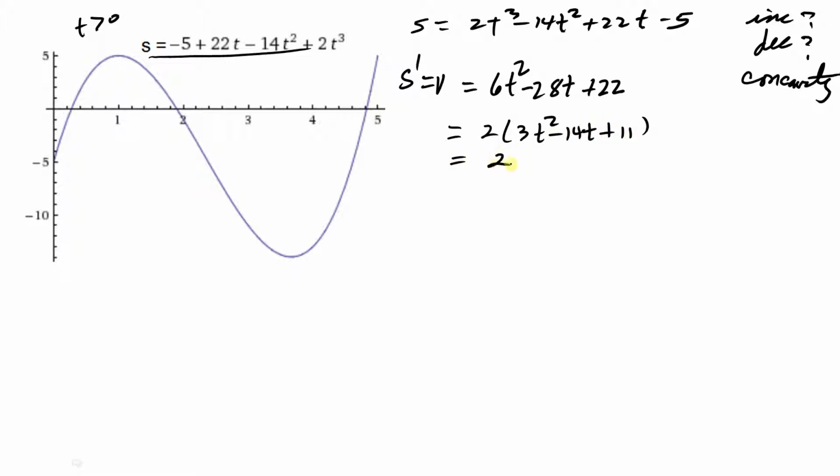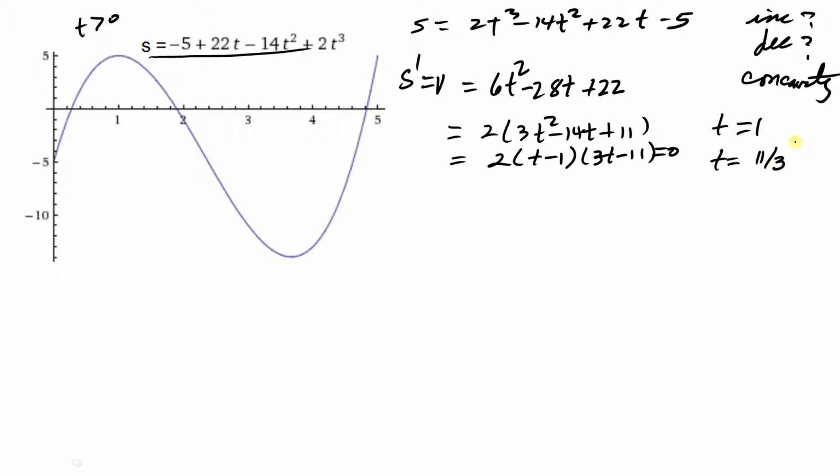And we can factor this into 2 times t minus 1 times 3t minus 11. Set that equal to 0, and it's 0 at t equals 1 and t equals 11/3.